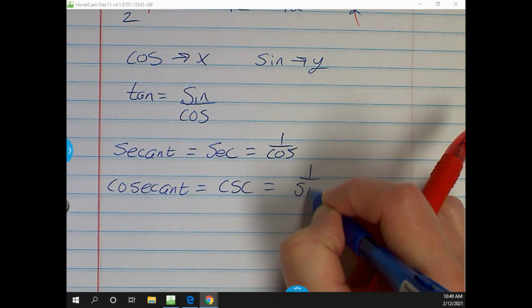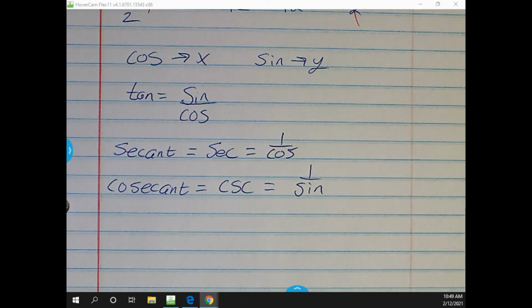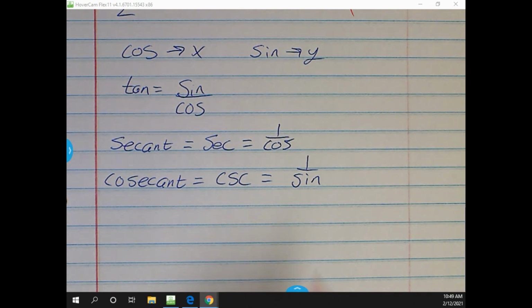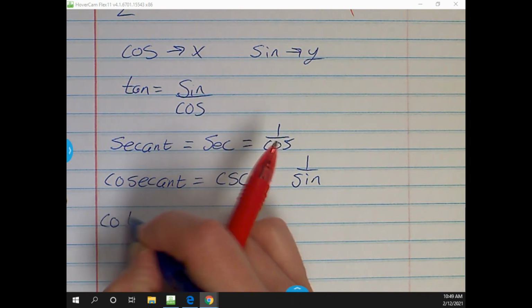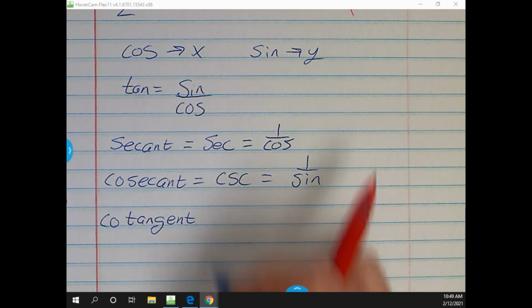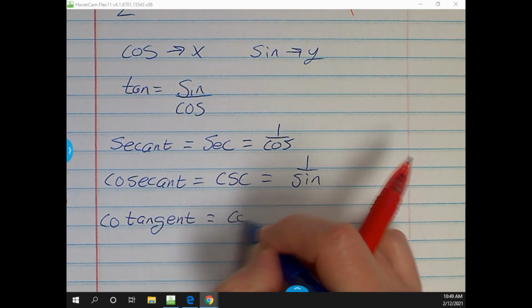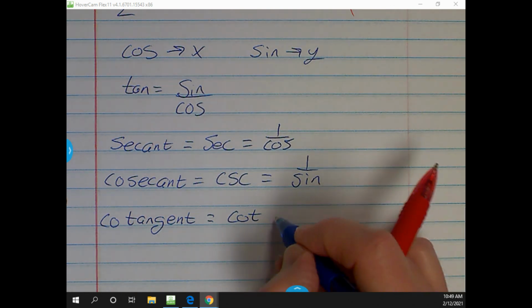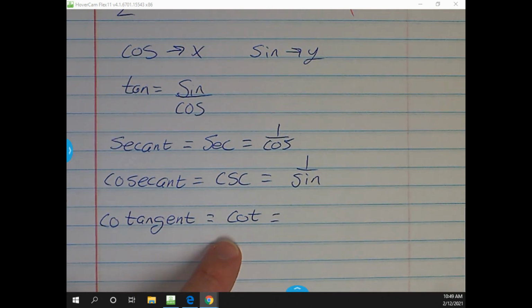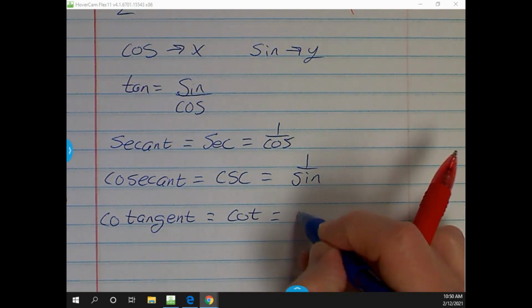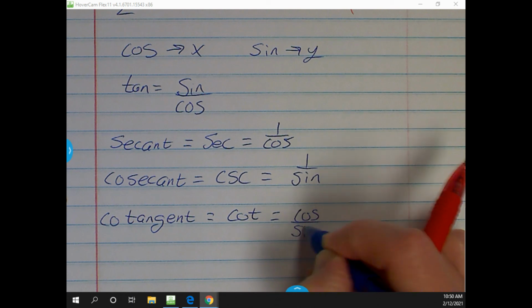And it's going to be 1 over sine. And then the last one is cotangent. And the short version of cotangent is just going to be COT. Okay, and basically cotangent is the reciprocal of tangent. So where this was sine over cosine, cotangent is just going to be cosine over sine.